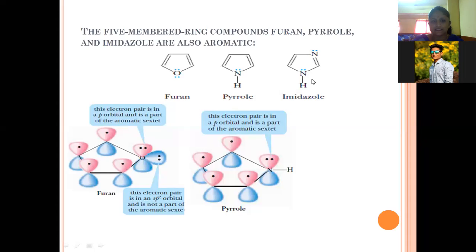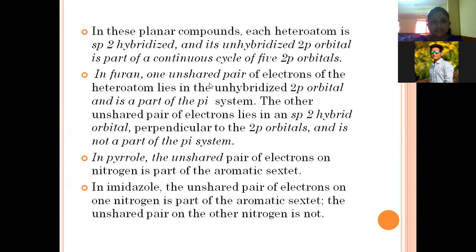Imidazole possesses 2 heteroatoms, 2 conjugated double bonds, and both the heteroatoms are going to possess a lone pair of electrons. Now what is the case with imidazole? In imidazole, the unshared pair of electrons on one nitrogen atom is a part of the aromatic state.